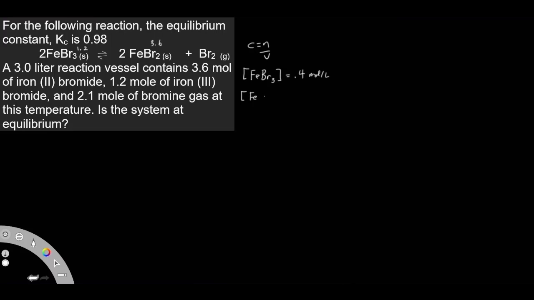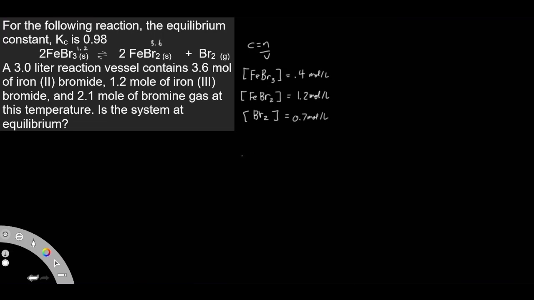For our FeBr2, iron 2 bromide, what do you end up getting? 3.6 divided by 3, 1.2. And lastly for our bromine gas, our 2.1 divided by 3, we end up getting 0.7 moles per liter.